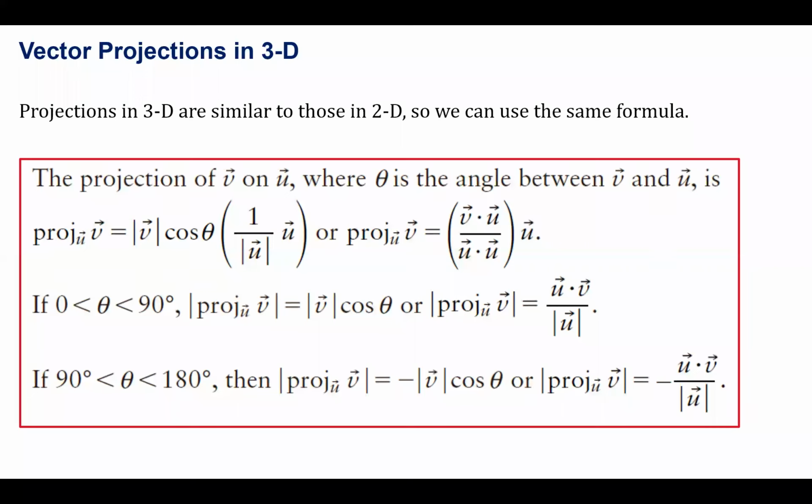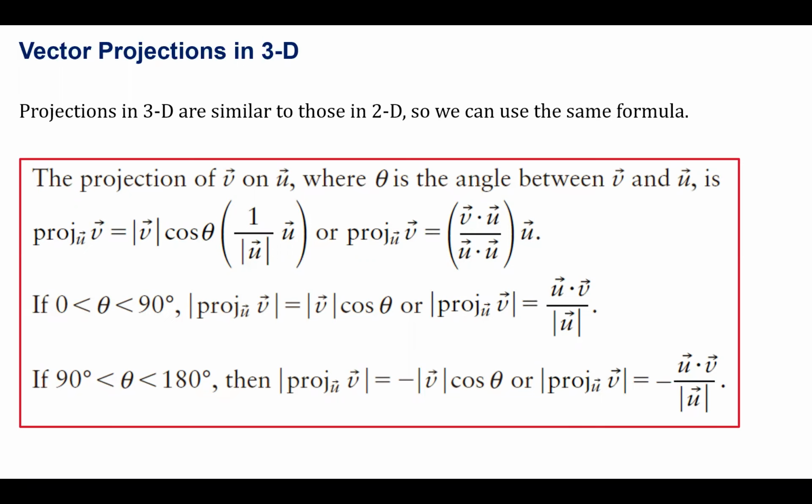Also note that if theta is between 0 and 90 degrees, the magnitude of the projection is the magnitude of v times cosine theta, or the dot product of u and v over the magnitude of u.